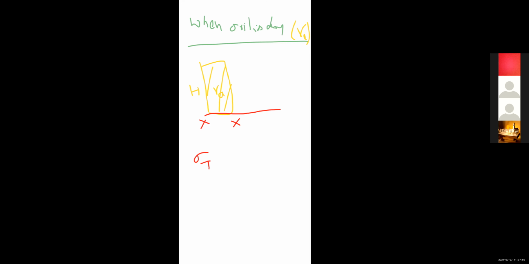What is the value of sigma T, U and sigma dash? The value of total stress: the unit weight of soil is given as gamma d and the height of the soil strata is given as h. Sigma T equals gamma d into h.